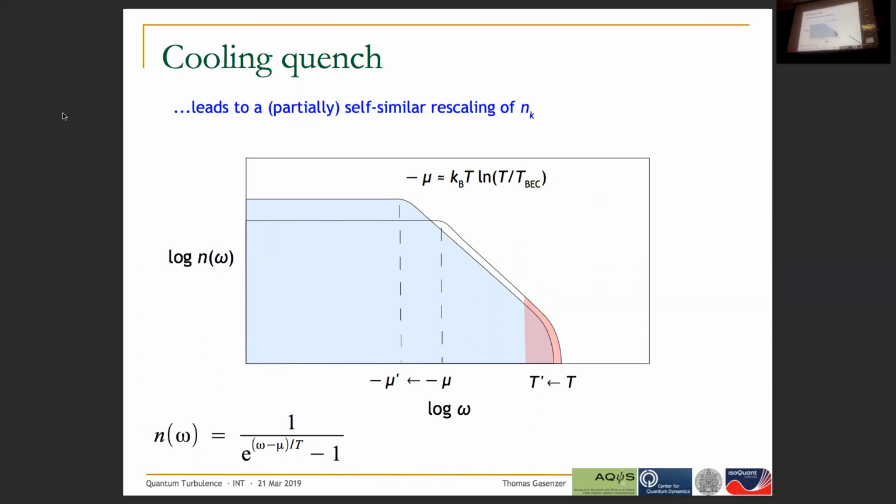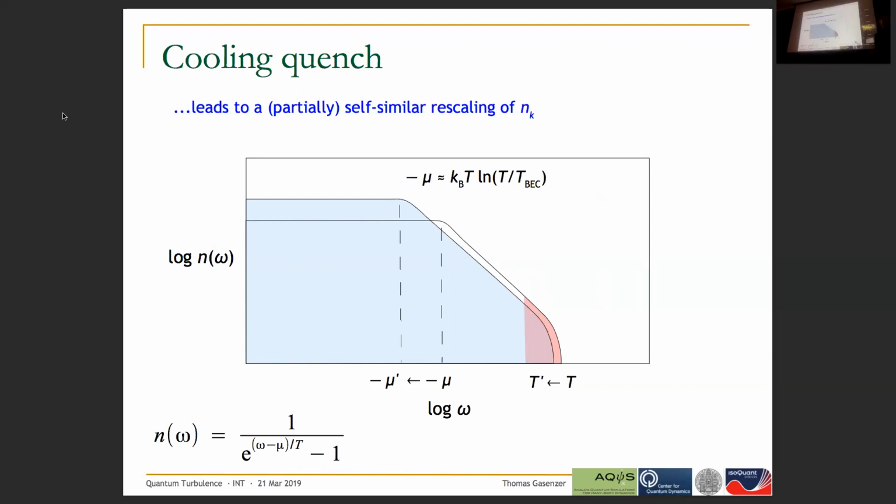Why do I show double log? I will always show double log in the following in momentum space. That's the first reason. And the reason is simply because we now see clearly that the shape is the same, which you would not see in single log. Now you see the whole thing is just rescaling, so it's shifting to the left and upwards. That's all.